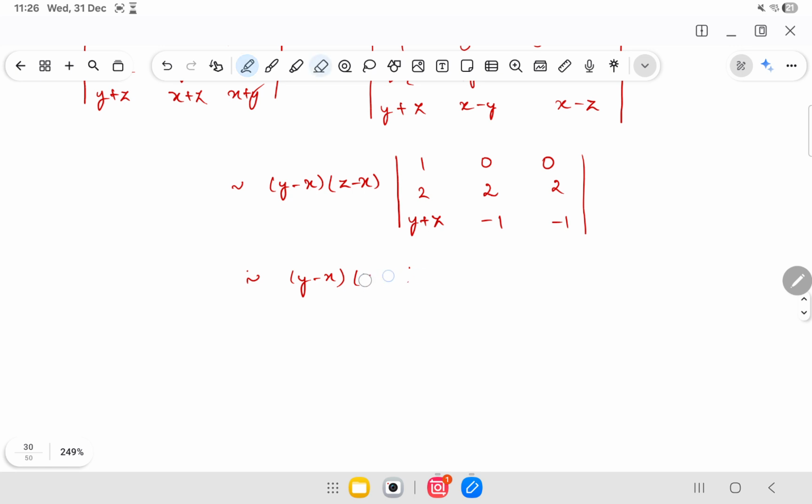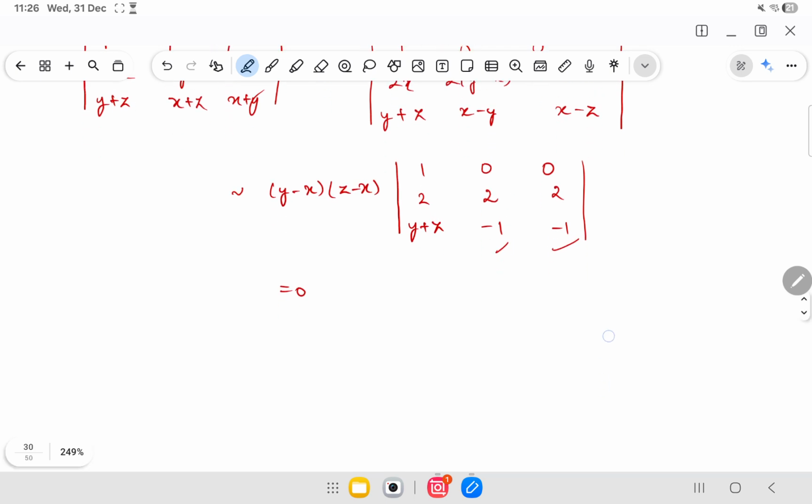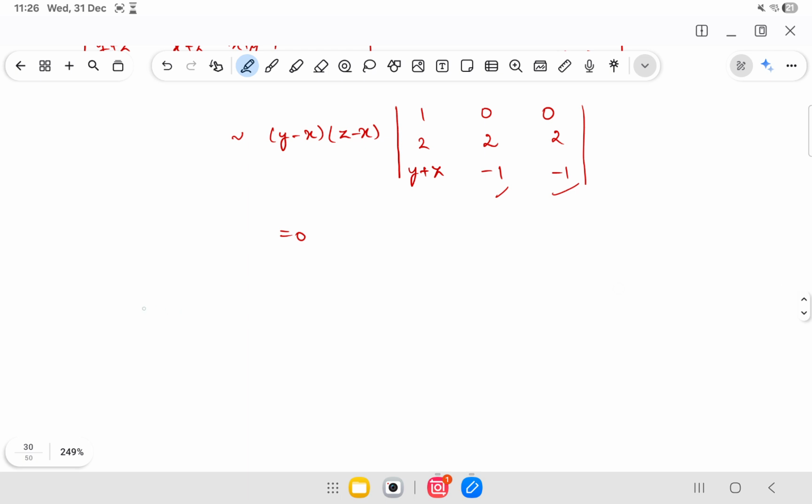Or from here you can directly say that it will be equal to 0, because if you observe, column 2 and column 3 are identical. So this gives us the relation that grad u, grad v and grad w are coplanar.